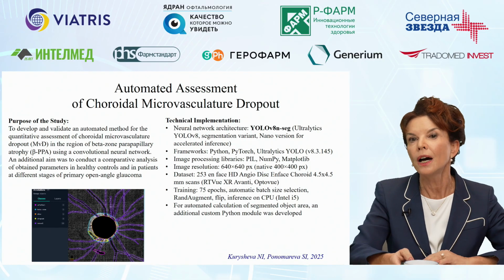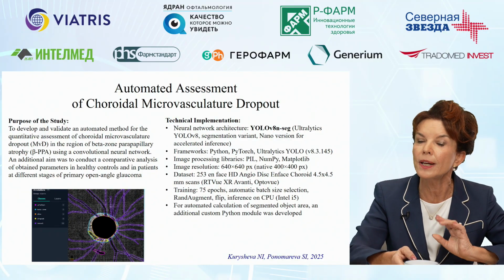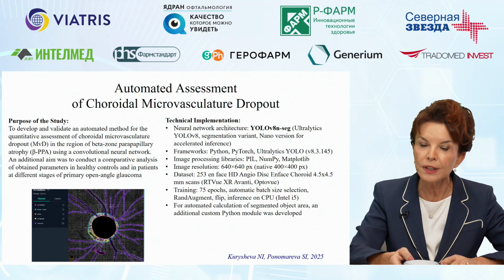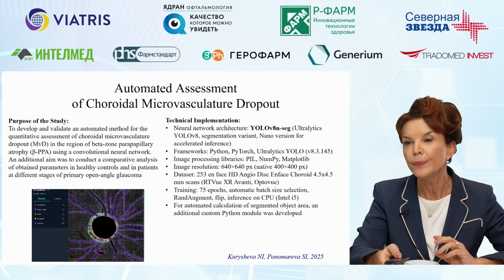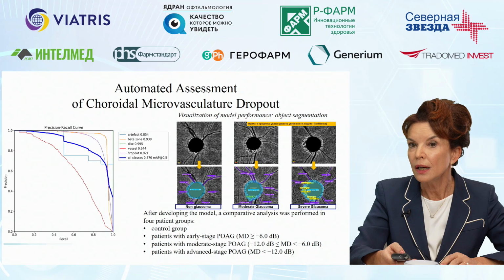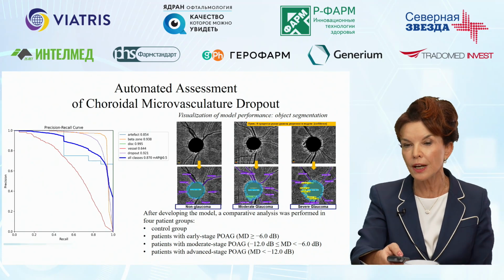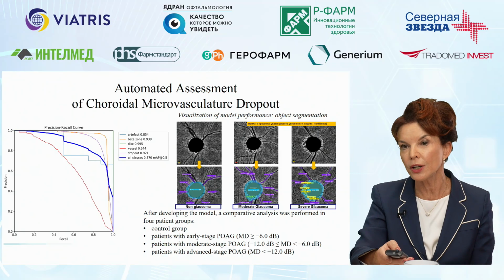That is why our goal was to develop an automated method of the quantitative assessment of the choroidal microvasculature dropout. We used YOLO v8, that is the neural network, and we developed the neural network architecture.